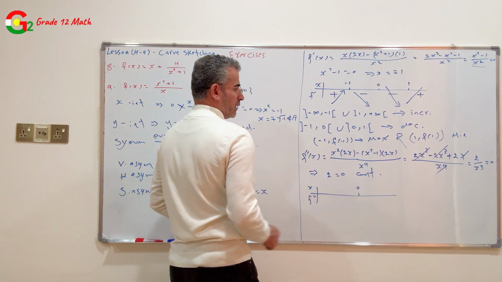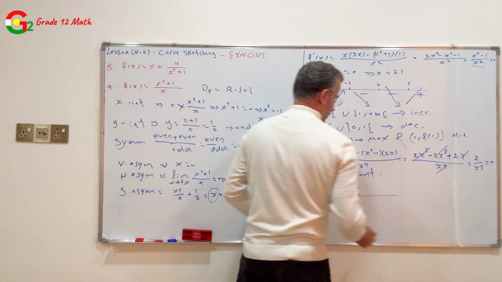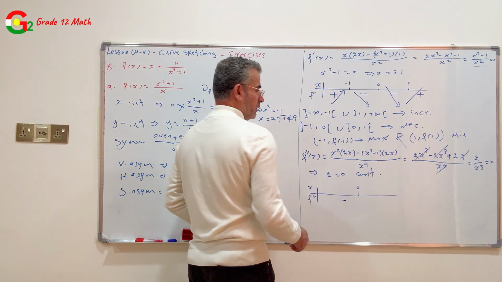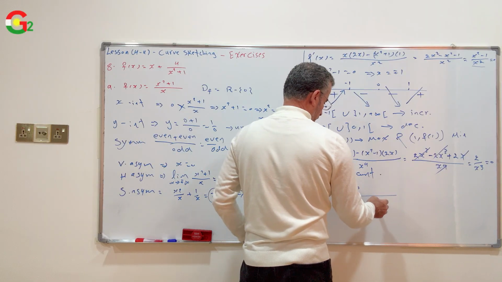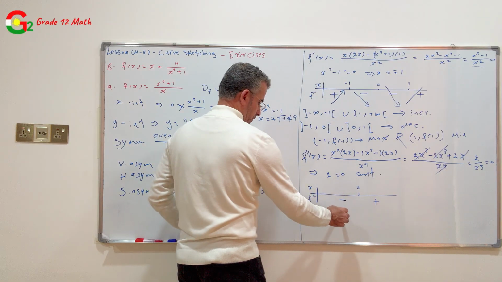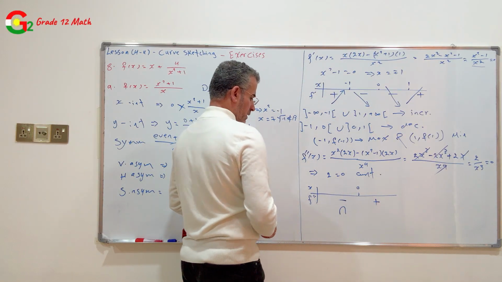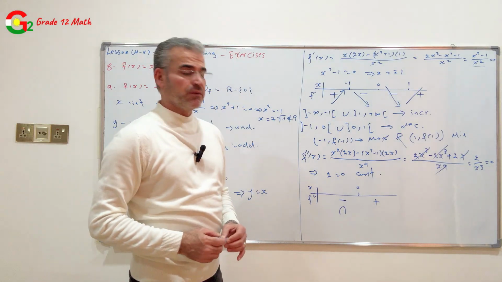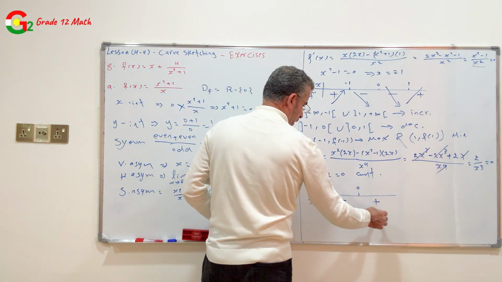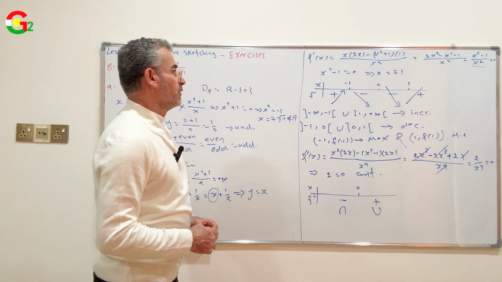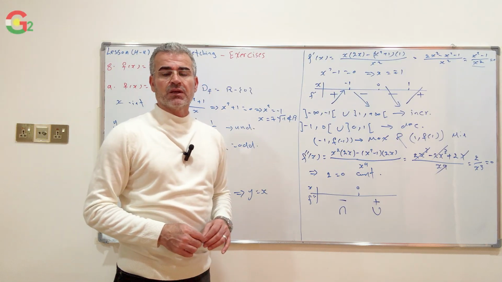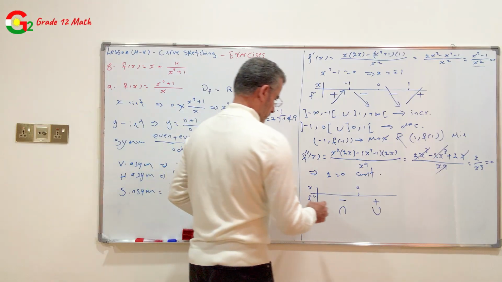Before 0, take negative 1, 2 over negative 1 power 3, negative. When x is greater than 0, 2 over 1, positive value. Therefore, the function is concave down from negative infinity to 0, concave up from 0 to positive infinity, and 0, f of 0, is not an inflection point.